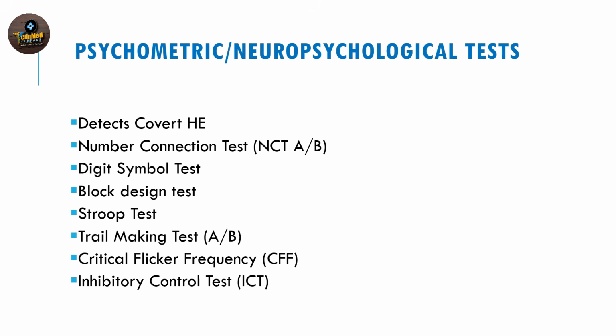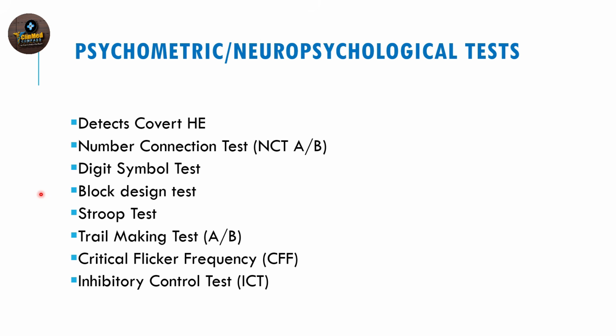One is the number connection test. Patients are asked to connect a series of numbers in ascending order as quickly as possible. The digit symbol test: patients match numbers to symbols using a given key. The block design test: patients replicate geometric patterns using colored blocks.